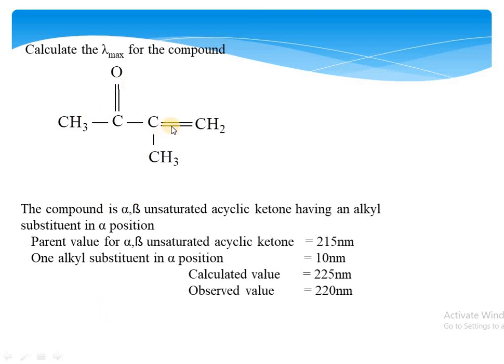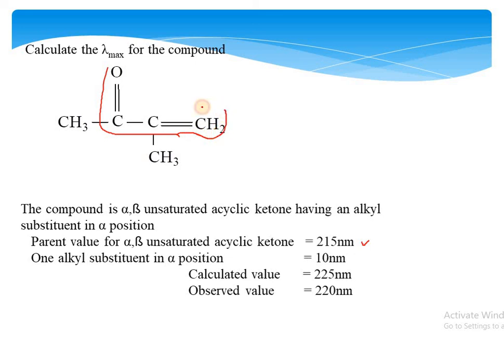in this example we have taken an alpha beta unsaturated carbonyl compound, and for this we will apply the rules. If we take the general case, in this alpha beta unsaturated acyclic ketone, the basic value is again 250 nanometer.